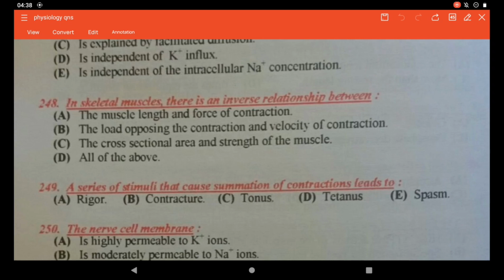B. The load opposing the contraction and the velocity of contraction. C. The cross-sectional area and strength of the muscle. D. All the above.